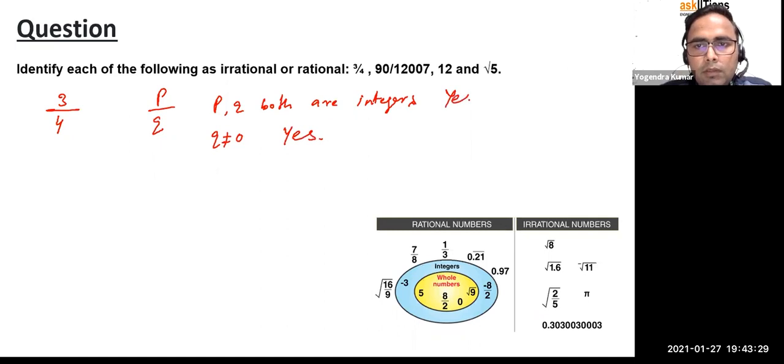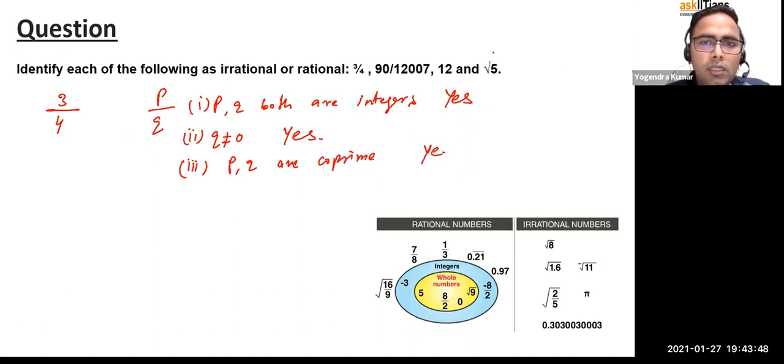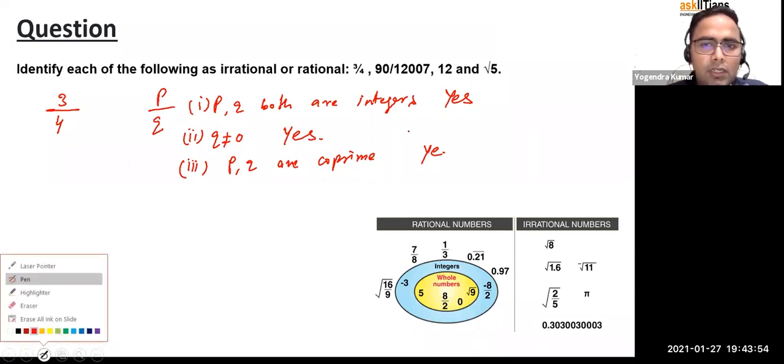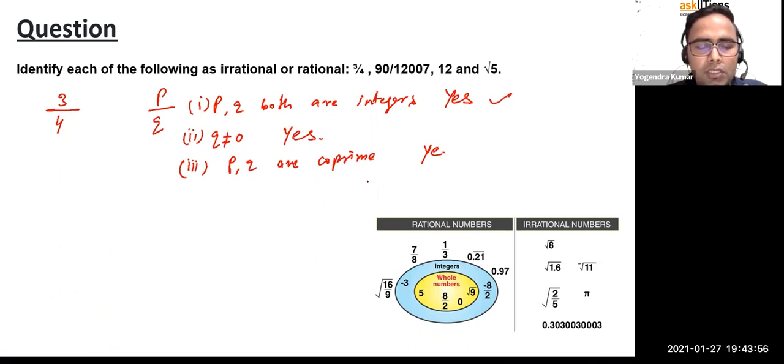It is satisfying, right? What are the three conditions we say? First condition, second condition, and one more condition I would add, which is that p and q are co-prime. All three are checked. So we can say it is a rational number. It is fulfilling the definition to be rational, right?